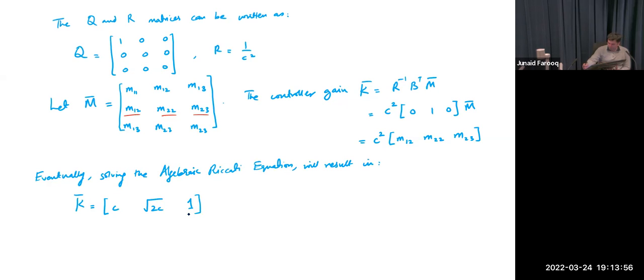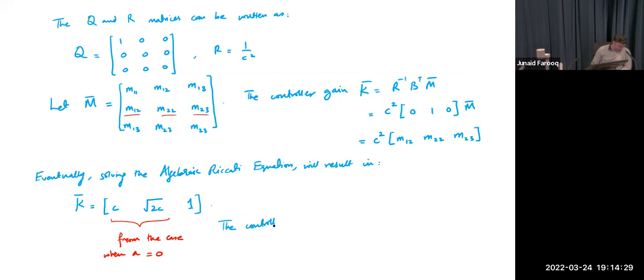Right, and the first part is from the earlier case. You can see that if there is no A, then we just have these two entries. But when we have A, we will get this additional 1 here.